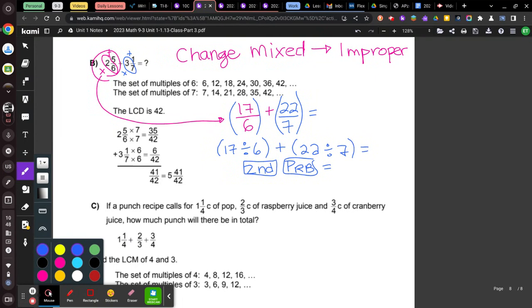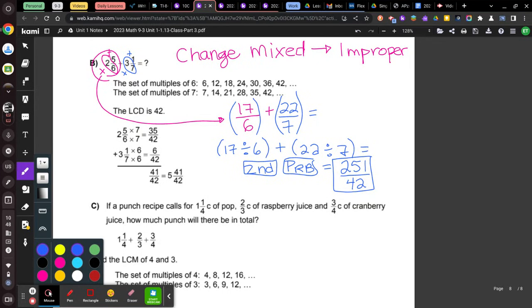Okay, so that's how you're going to solve your fraction. And that's going to give us, let's see what my answer is here. Plus, that's going to give me 251 over 42. That's what your final answer should be.